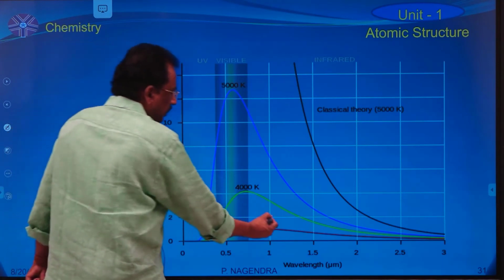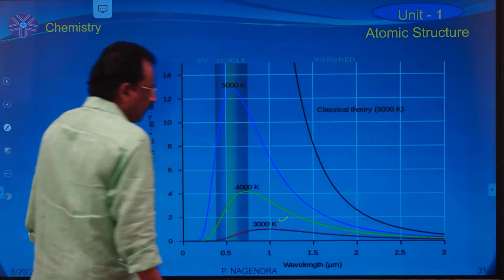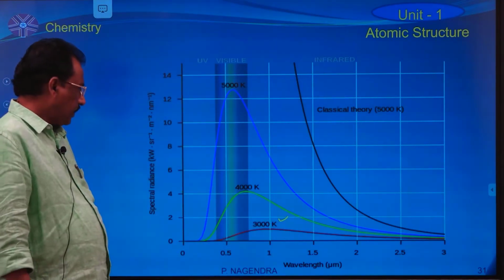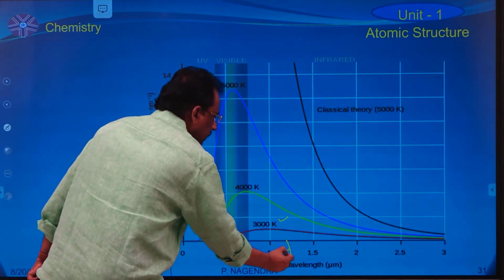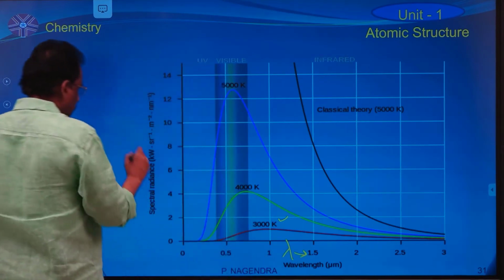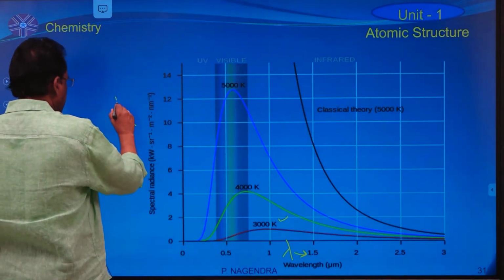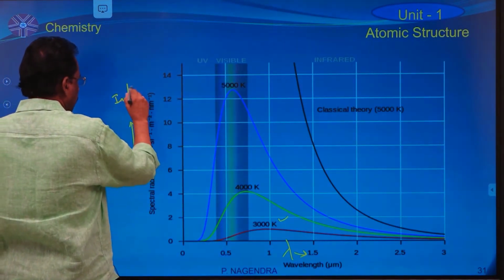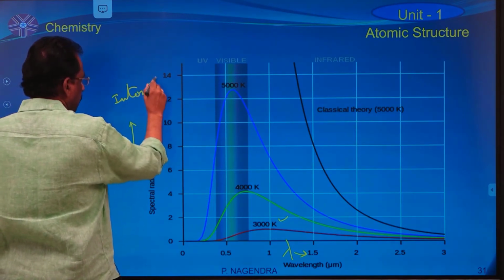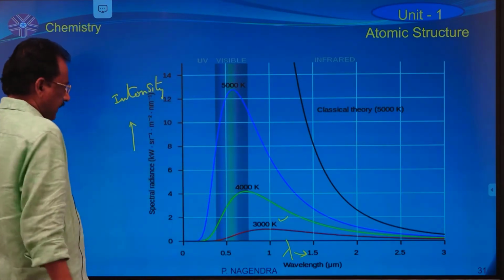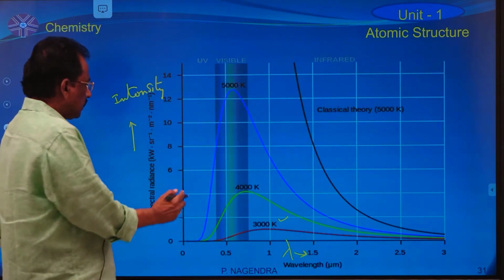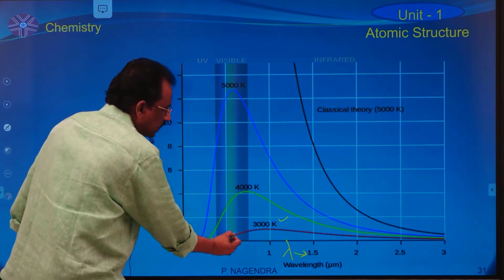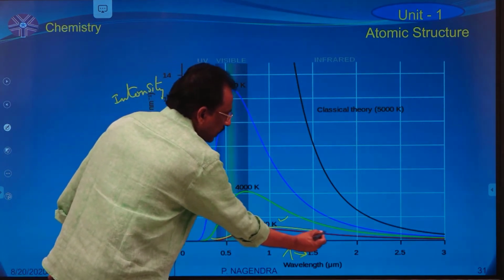At 3000 Kelvin temperature, if a graph is drawn between wavelength of the radiation versus intensity of the radiation, one peak is formed like this.